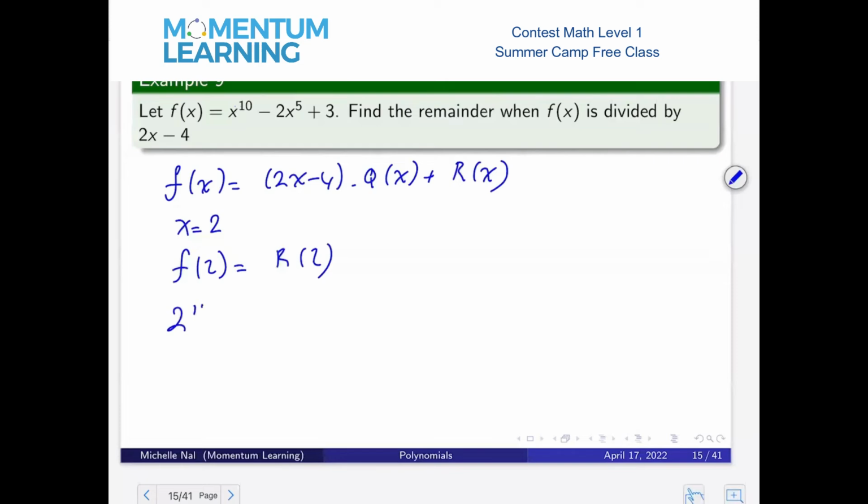So we have 2 to the 10 minus 2 times 2 to the 5 plus 3 is equal to the remainder, right? So we have 1024 minus 64 plus 3. I hope that makes sense here. So I think we have 960 plus 3 is 963.